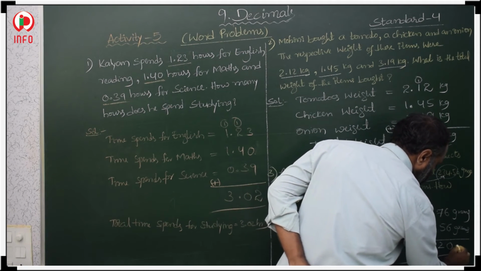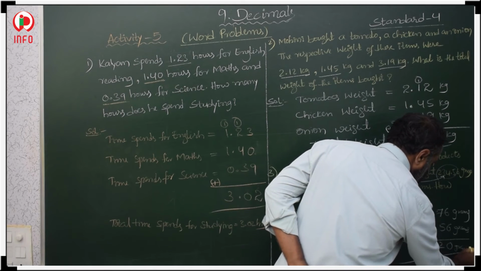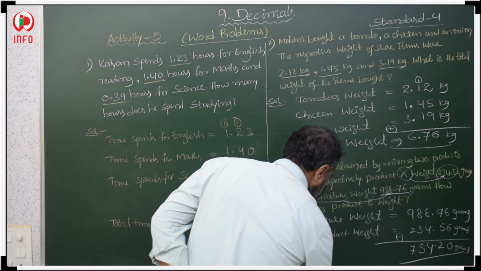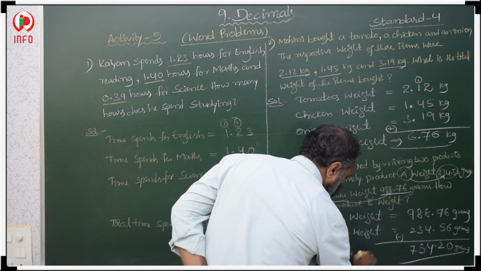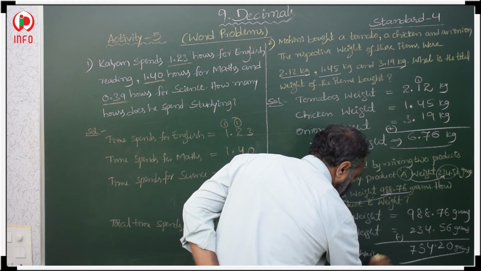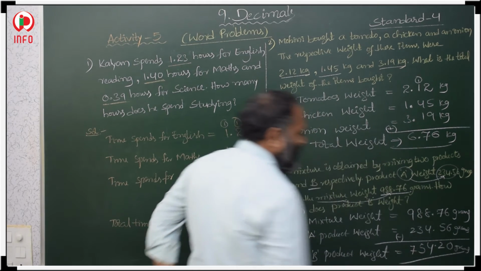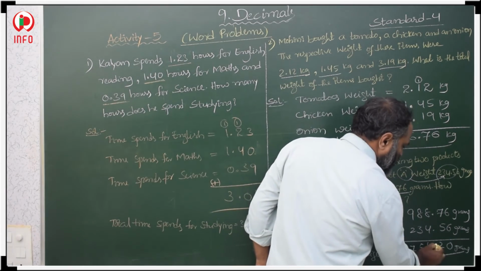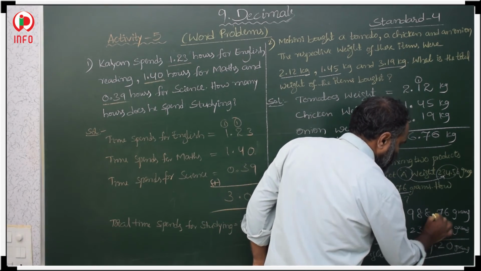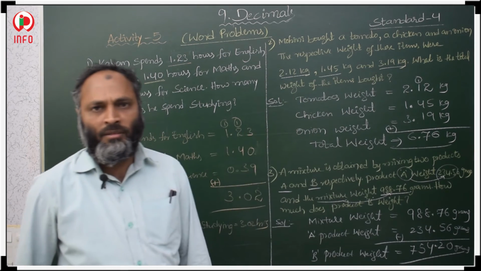This many grams. This is B product weight, this many grams, 754.20. Okay, students.